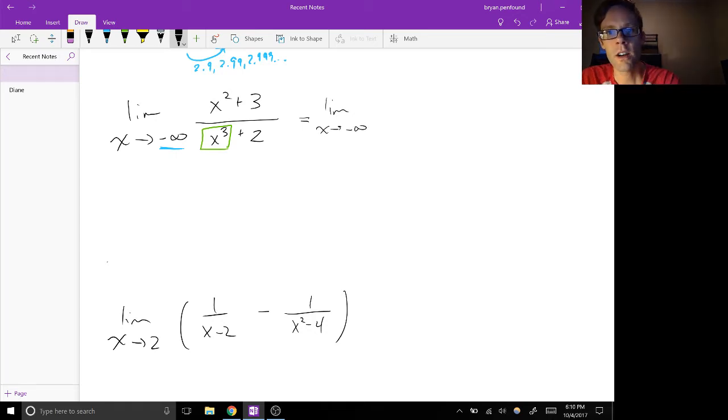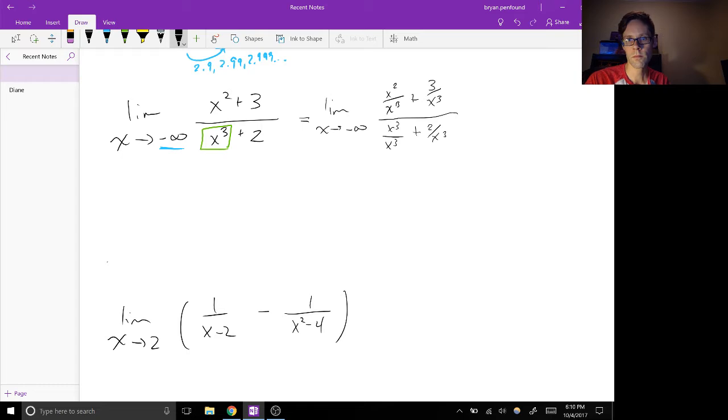So I'm going to divide all of my terms by x to the 3 and simplify and see what happens. Okay, let's simplify a couple terms here.